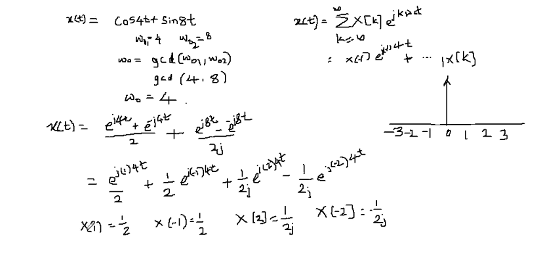When k is equal to 1, its value is 1 by 2. When it is minus 1 also, its value is 1 by 2. When this is 2, its value is magnitude of 1 by 2j, we know it is again 1 by 2. Similarly, for minus 2 also, its value is 1 by 2. So these all are with magnitude 1 by 2.